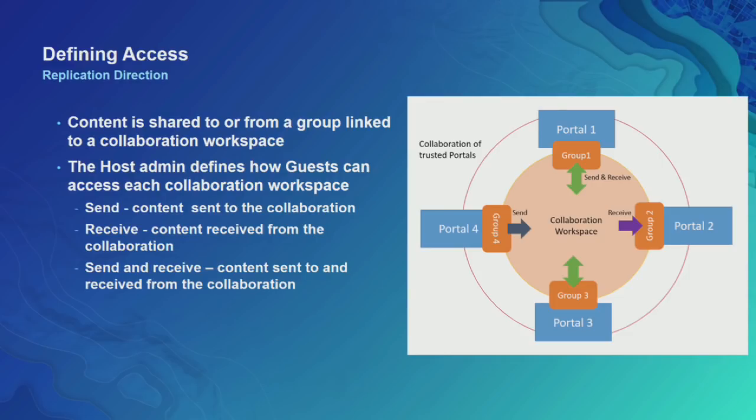It can be designated to go in the other direction from the guest to the host, or you can also set it up so that content can be sent two ways between the guest and the host. So you have the choice to set up the direction of sharing of information in the collaboration, or in the workspace in this case.